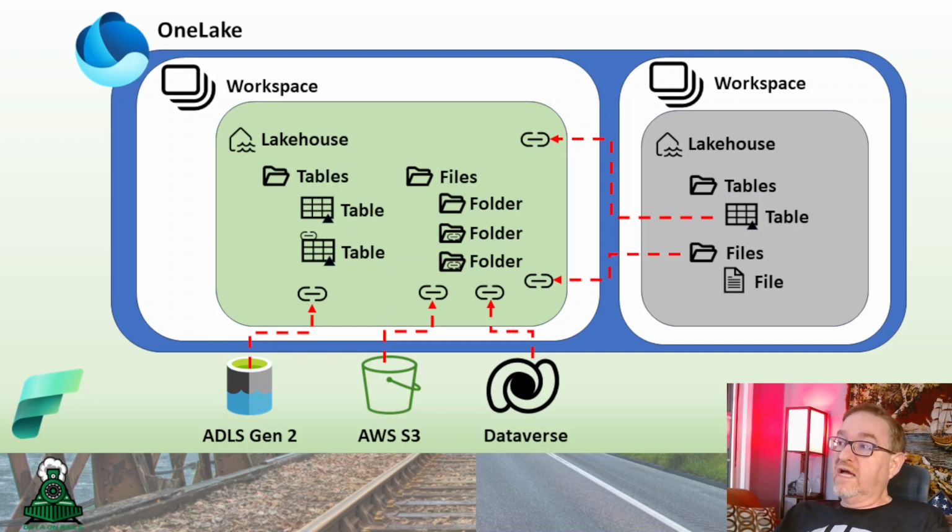So when you look at the whole concept today of where shortcuts are, what you need to be aware of, there's a few concepts to understand. First of all, shortcuts allow you to interact within one lake, even across workspaces.